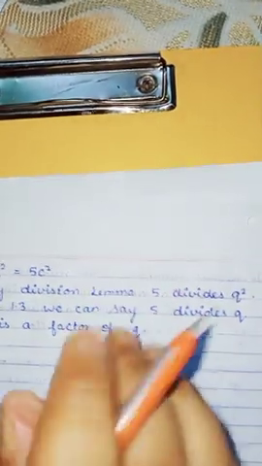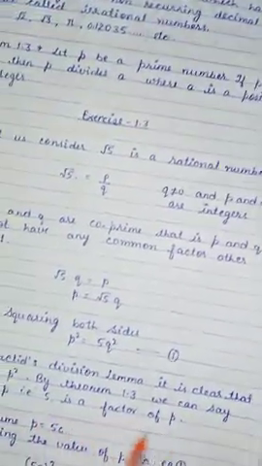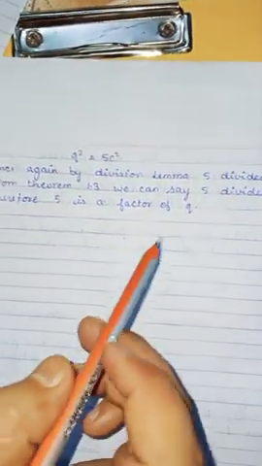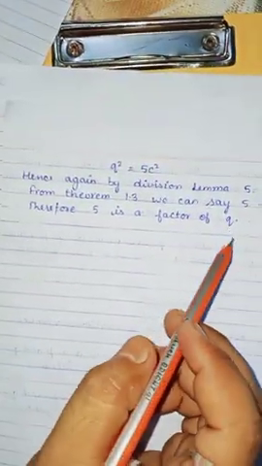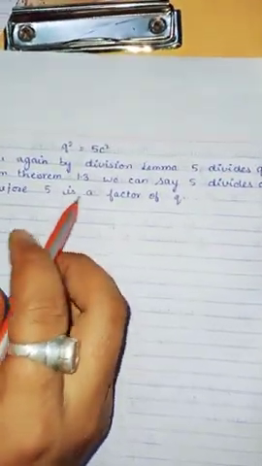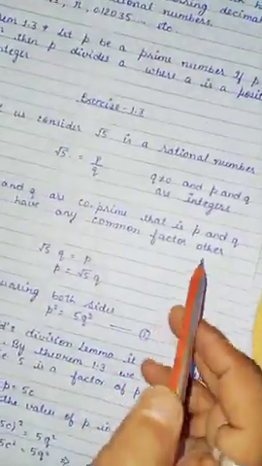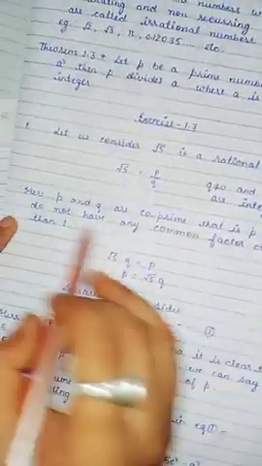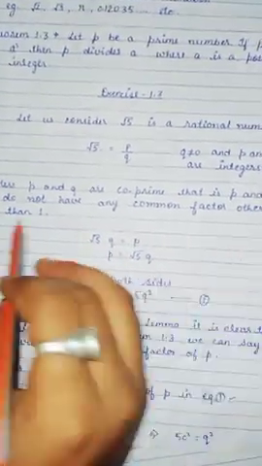Now since we have seen that 5 is a factor of P and here we have seen 5 is a factor of Q, that means both the integers P and Q, both of them have a common factor 5 which is other than 1. While in the starting what we have assumed that P and Q do not have any common factor other than 1.